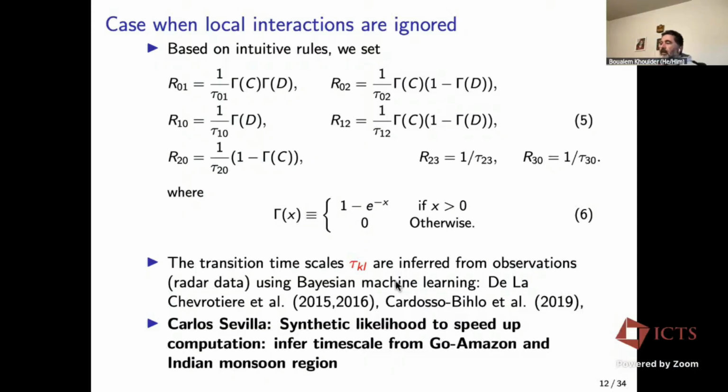That's what we call Bayesian machine learning. And we have algorithms to do it. And recently, we are making the algorithms go faster, and we're trying to apply those to data from GoAmazon and also from the Indian monsoon region and so on, for various projects.